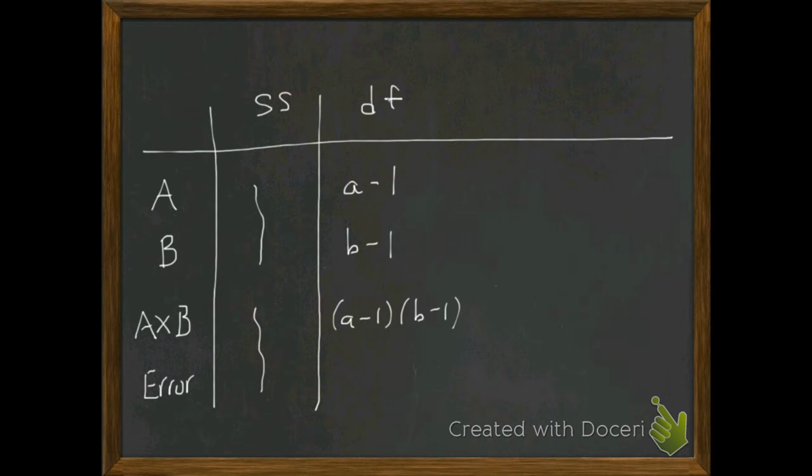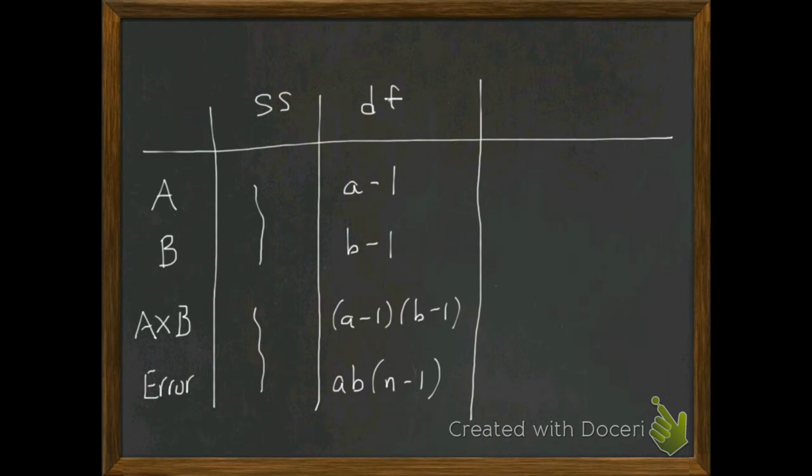The degrees of freedom for the interaction are always easy to remember. It's just A minus 1 times B minus 1. And guys, the degrees of freedom for the error term are AB times n minus 1.